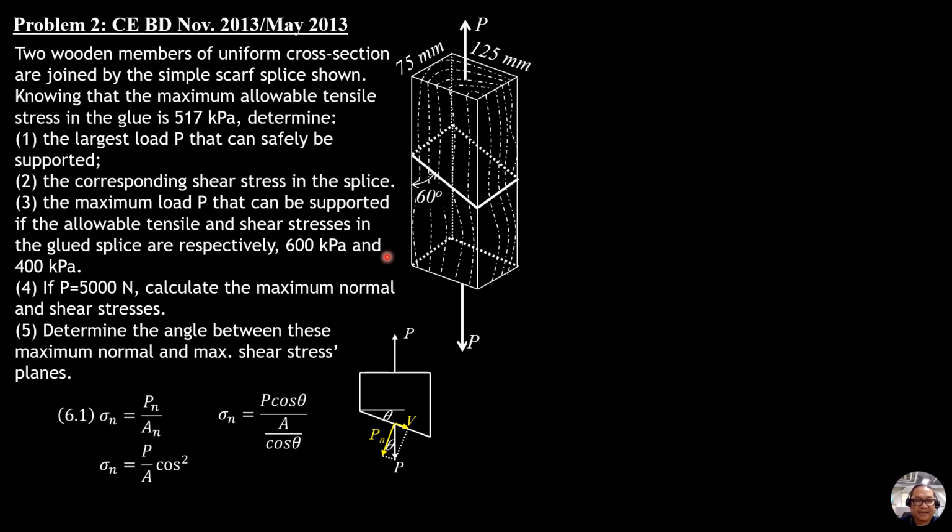Now, the value of theta is the angle that the plane makes with the horizontal, or with the area, which is not 60 but rather 30. So sigma n, by the way, is the allowable tensile stress in the glue, 517 kilopascals, or 0.517 megapascals, or Newton per mm square, equals P, which is unknown, divided by area 125 times 75, then times cosine square of 30 degrees.